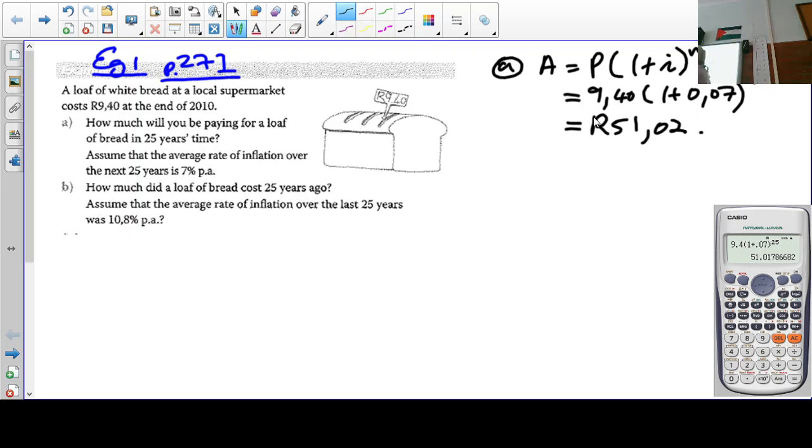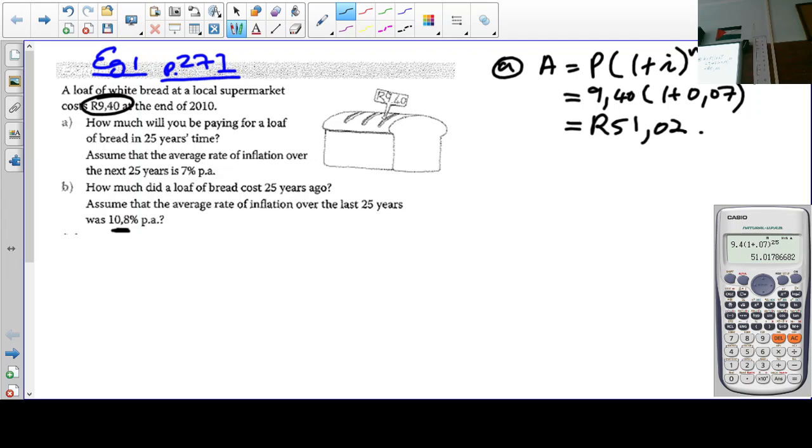In B it says how much did a loaf of bread cost 25 years ago? Assume that the average rate of inflation for the last 25 years was 10.8%. So what are we going to do here? We're working in reverse now. Not so? So what amount is this? Is that going to be your P value or your A value? Your A value.